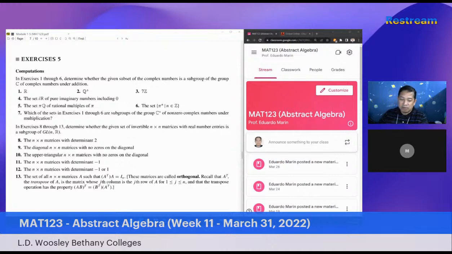How about number 2? Positive rational numbers. Yes, then. Okay, now the issue here is actually under addition, the identity element. What do you think?